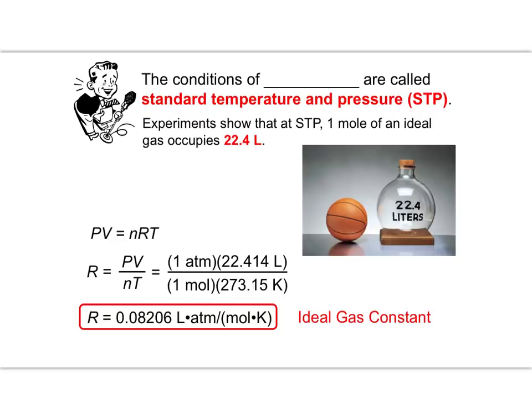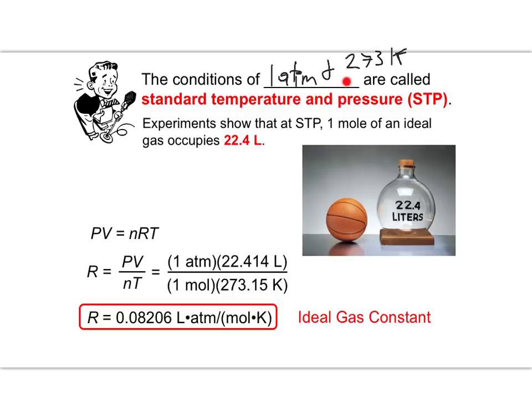Standard conditions, what that means is when you're doing experiments with gases and you want to standardize those conditions, STP, standard temperature and pressure, is defined to be 1 atmosphere of pressure and 273 Kelvin, 0 degrees Celsius. So cold, but 273 Kelvin.